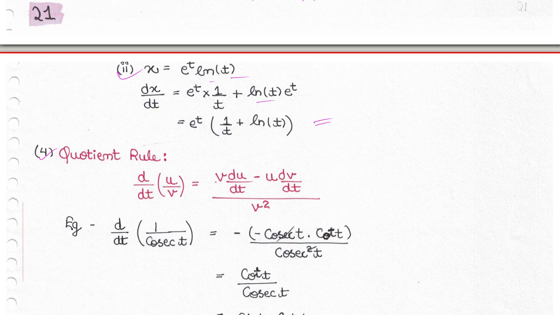Now the quotient rule, that is d/dt of u by v, we can write v du/dt minus u dv/dt by v square. So if we have d/dt of 1 by cosec t, we can write minus of cosec t cot t by cosec square t.